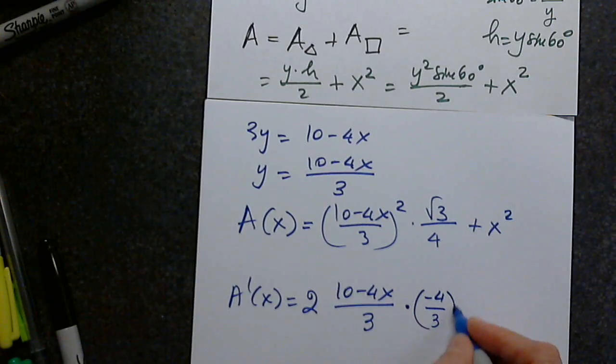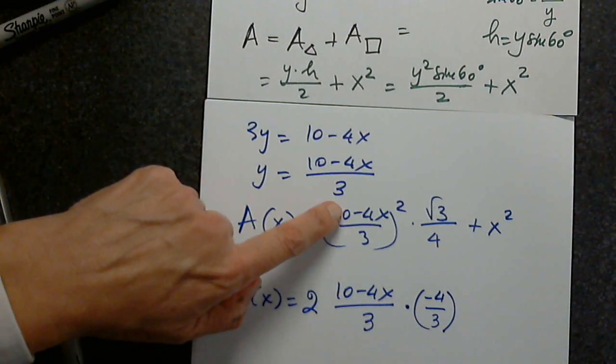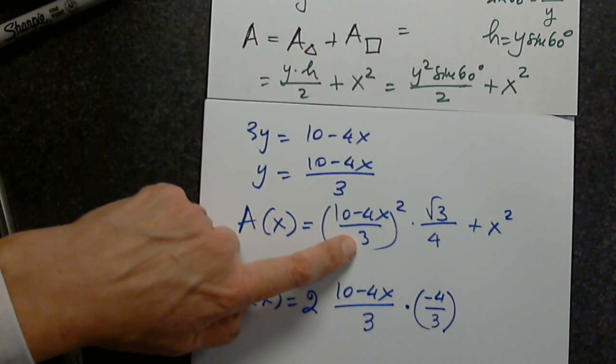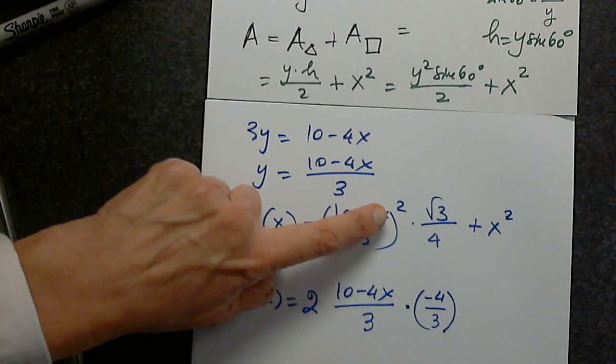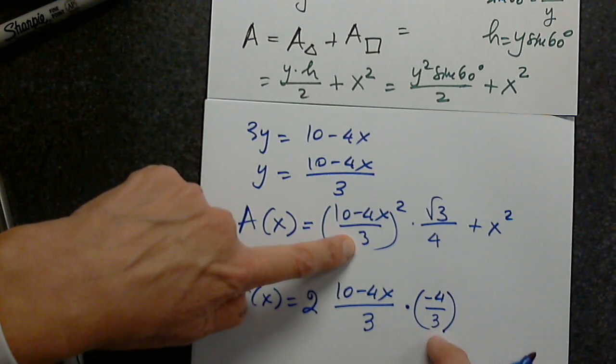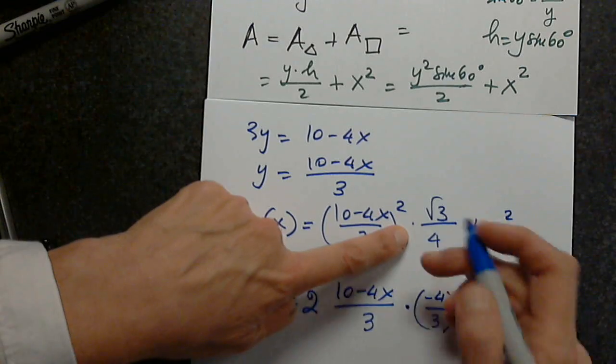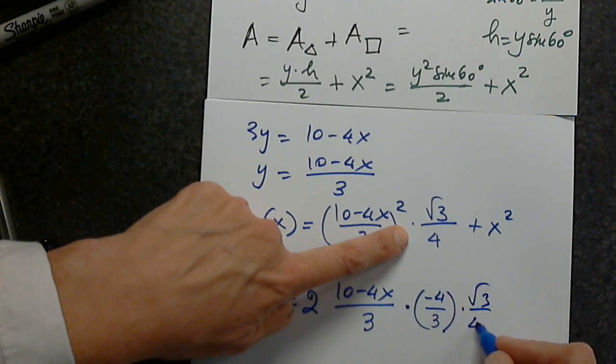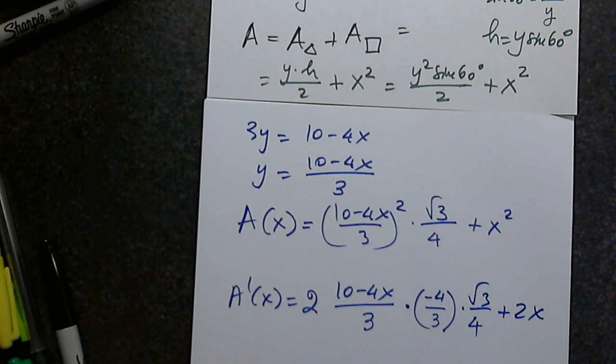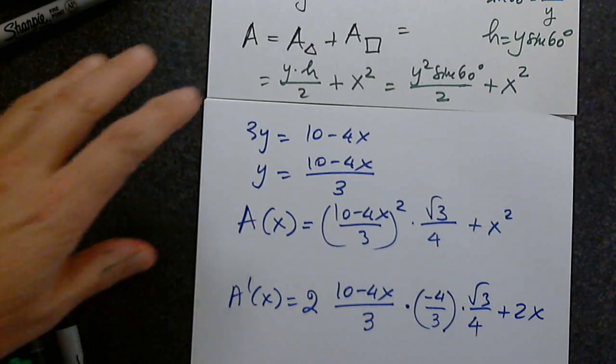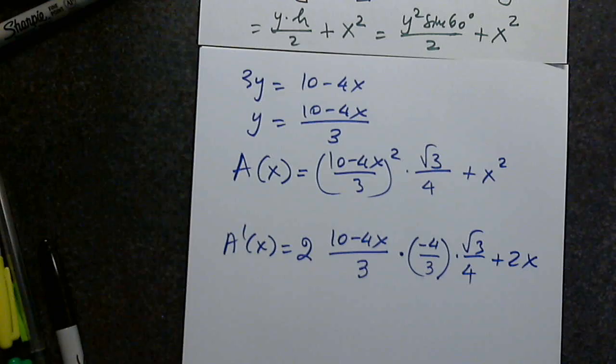Be very careful, because this is 10 over 3, which will be 0 differentiated, but negative 4x over 3 prime will be negative 4 over 3. And multiply by this number, and plus 2x. That's why I didn't want to complicate things and try to simplify it.